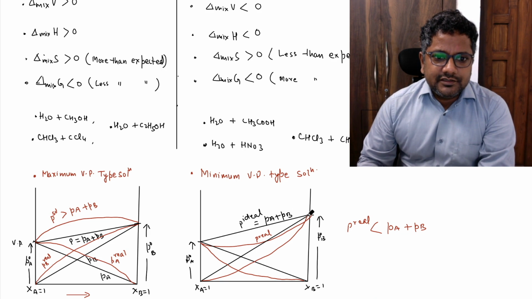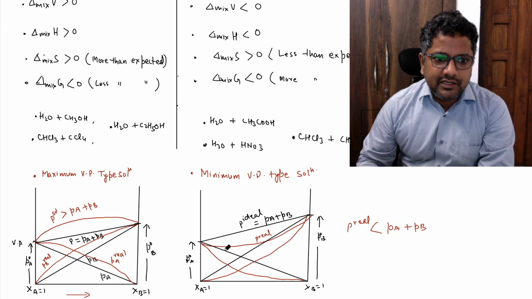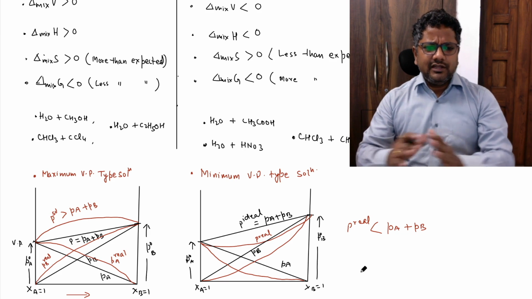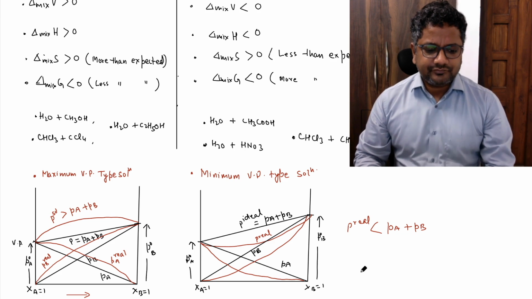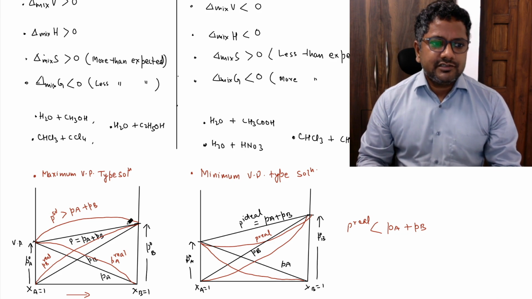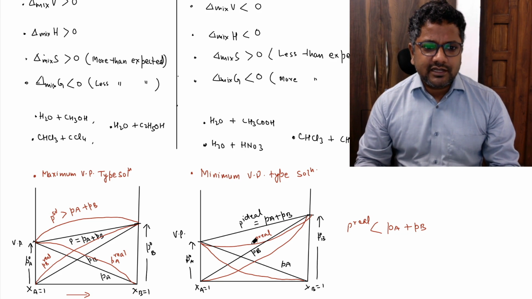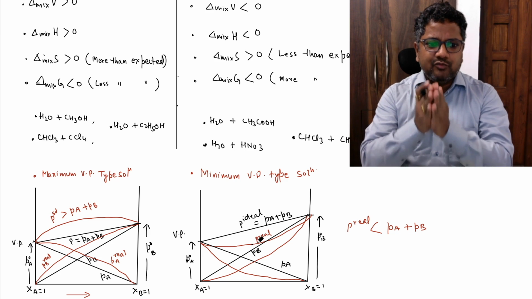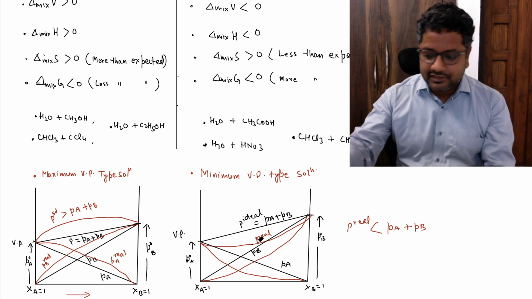And this is the actual line, ideal for PA and this is for PB, right? So hopefully all of you are clear with respect to this vapor pressure versus composition plot. But in the total vapor pressure, at some point we will find a point at which the vapor pressure is minimum, right?